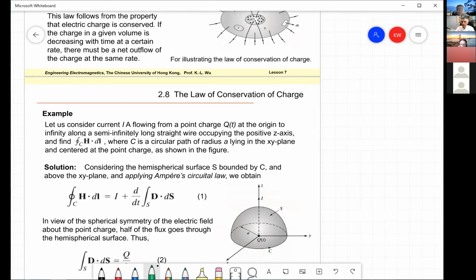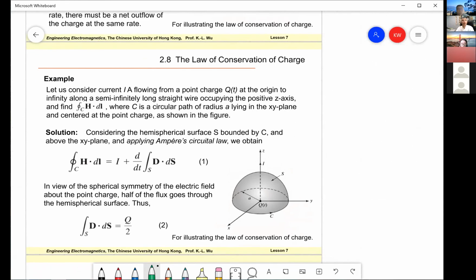Okay, let's take a look at some very ideal example. Let's suppose we have a charge put at the origin. Then this charge is a function of time. So that means the charge will change with time.